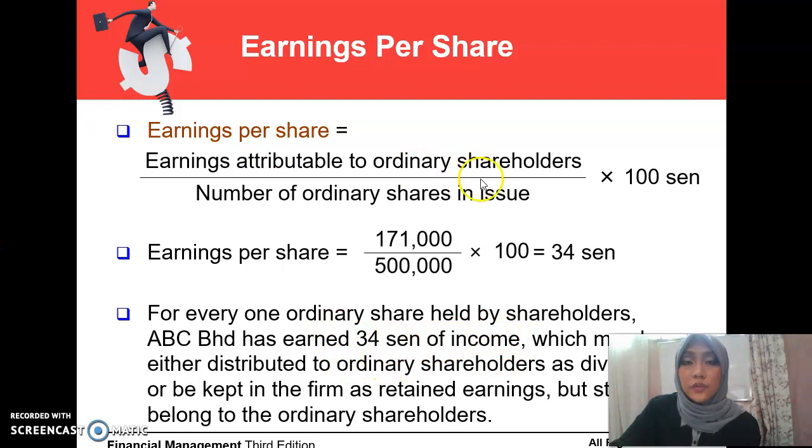Okay, because you have to pay dividend to the shareholder. For every one ordinary share, you have 34 cents that you can pay to the shareholder.